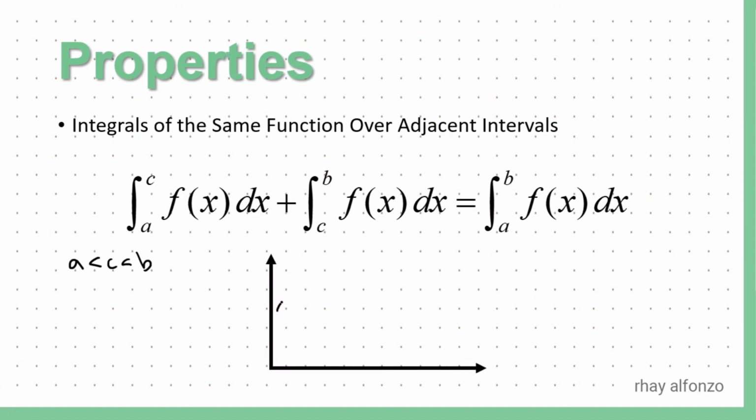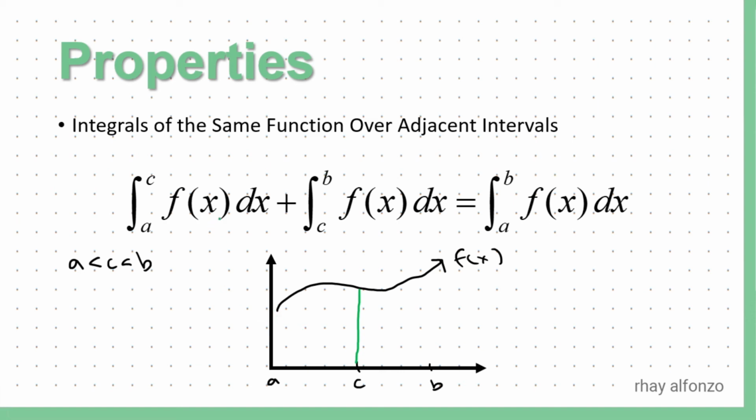So let's say we have a function f of x. This can be any function. And we have our limits a, c, and b. So we know that definite integrals represent the areas under a curve.